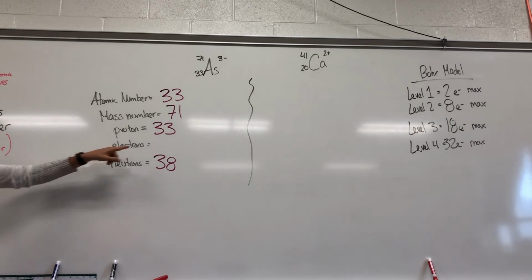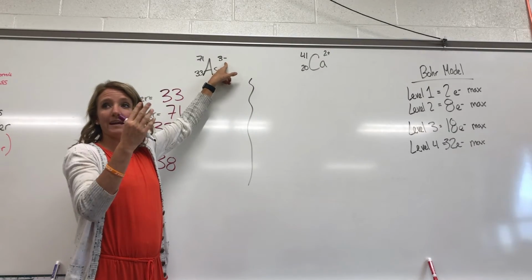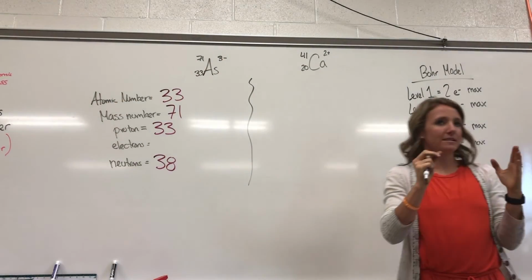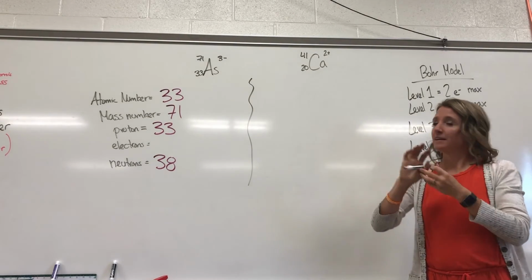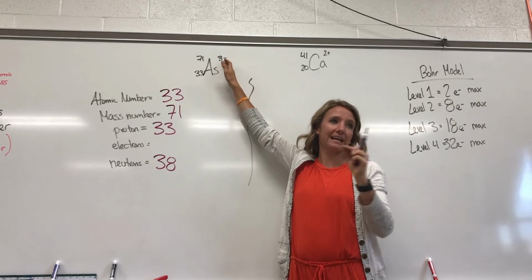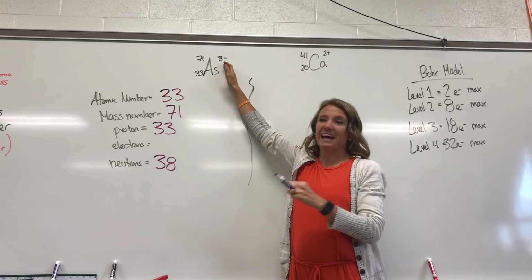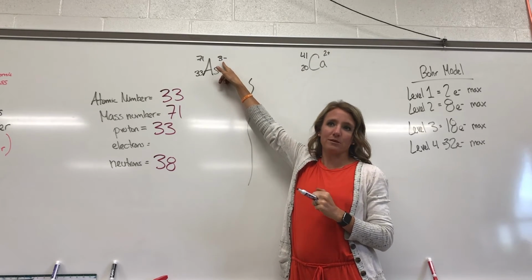Now, electrons are dependent on the charge. There's 2 ways you can think about it if you want. Here's how I think about it. Electrons are negative, protons are positive. If we have a negative charge, that means we have more negative things than we do positive things. And in this case, we have 3 more negatives than we do positives.